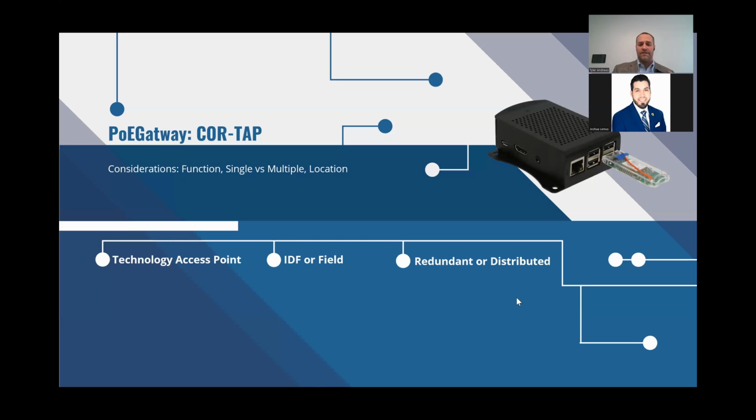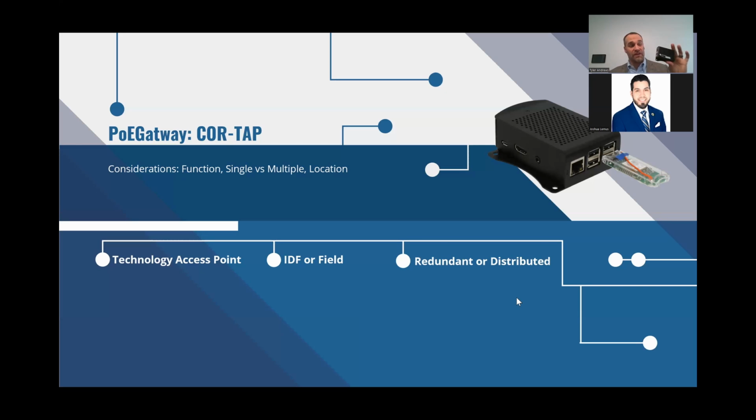Going back, the considerations you need to have on this are function, what it actually does and what it serves, single versus multiple, and where you're going to put this. We call our gateway a core tap, technology access point.